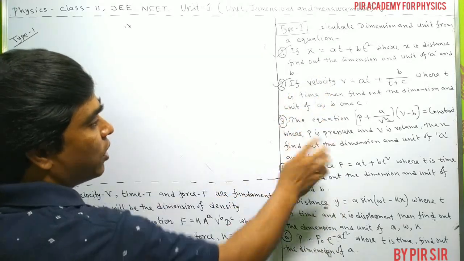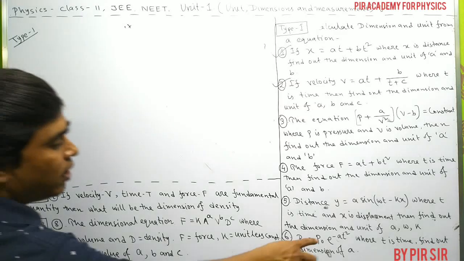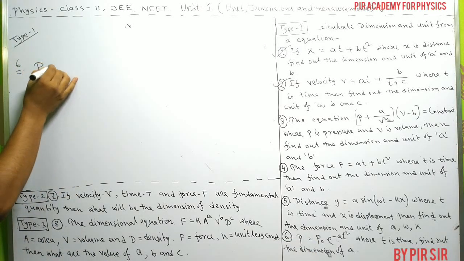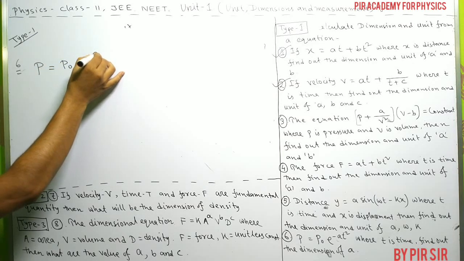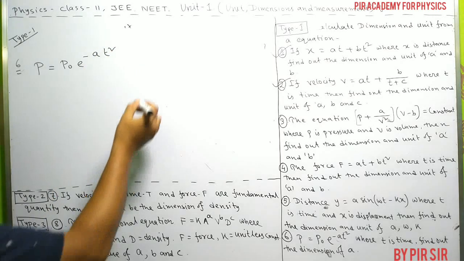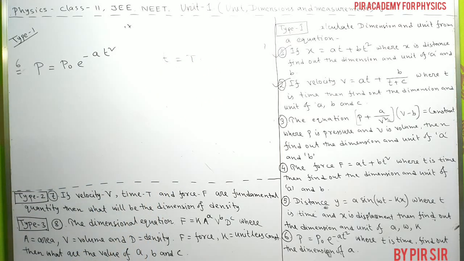And here are various types of equations. Here is an exponential series. Problem 6 is P equals P0 e to the power minus a t square, where t is time, that means T.